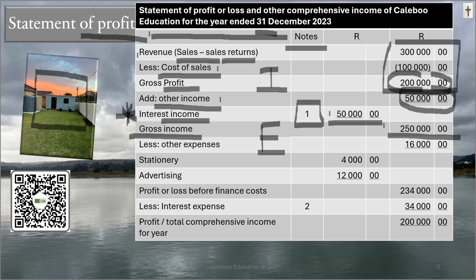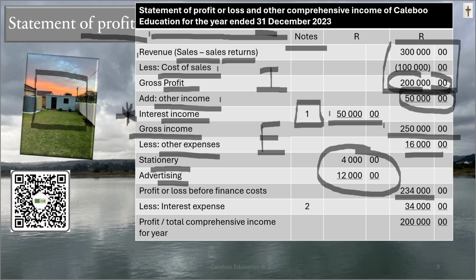Then what we need to do, or what we need to show in this document, are all the other expenses, the operating expenses of the business. Say, for example, stationery, advertising. Now, if we take off those expenses of 16,000, we will get the profit or loss before finance costs.